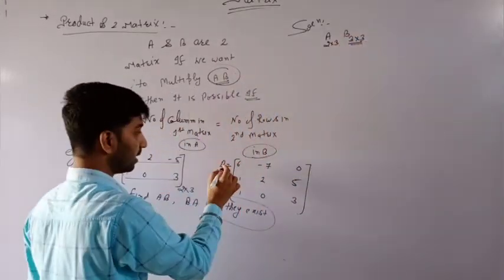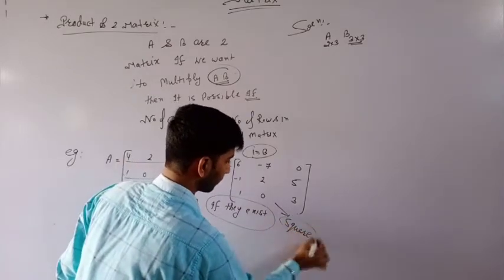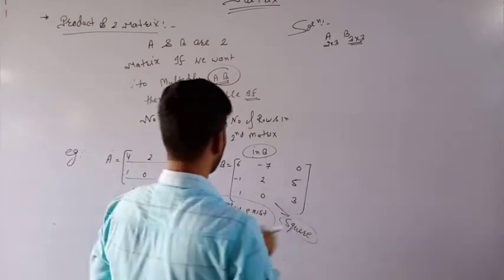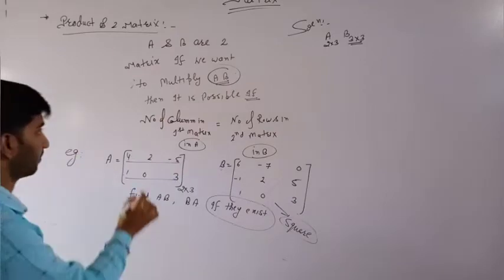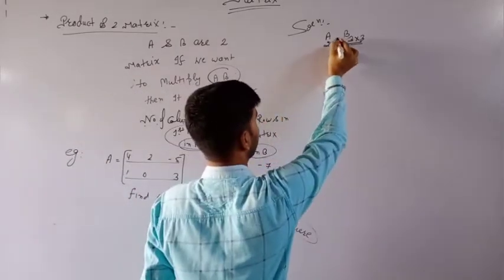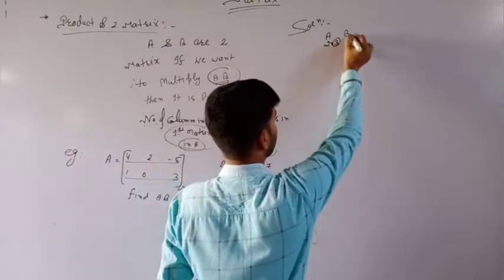It means that B is a square matrix. Now, for AB, we compare the number of columns in the first matrix with the number of rows in the second matrix.